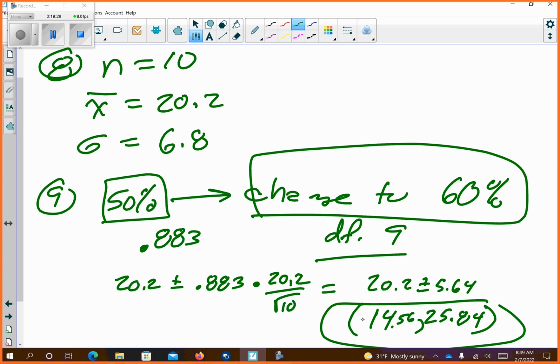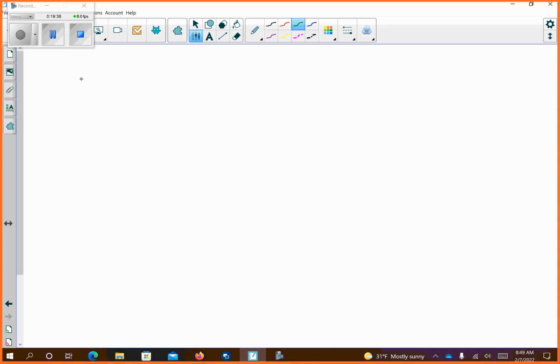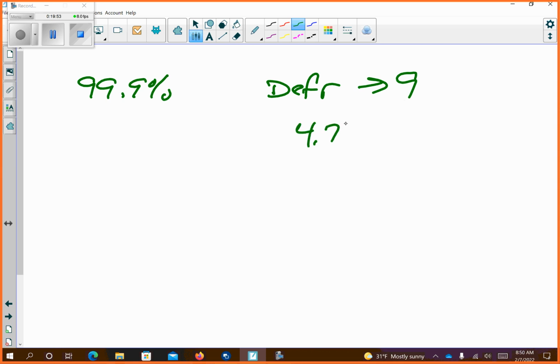Calculate a 99.9% confidence interval. Our degrees of freedom is going to be 9. For 99.9% and 9 degrees of freedom, it's 4.780.